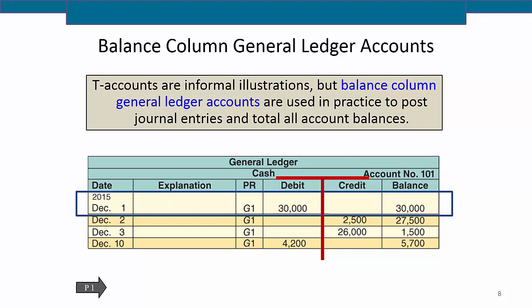When we speak of account number 101, we are referring to the cash account. We have a debit or an increase column and a credit or a decrease column and a running balance. In fact, it looks similar to your checkbook in the sense that you can see both cash receipts and payments and a balance.